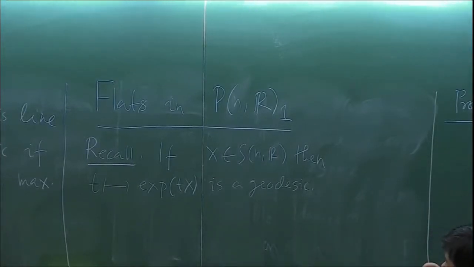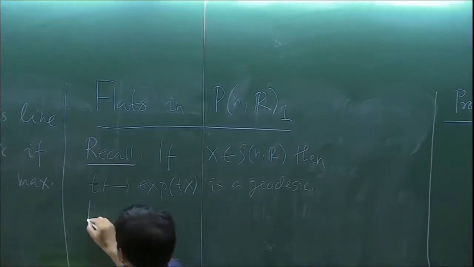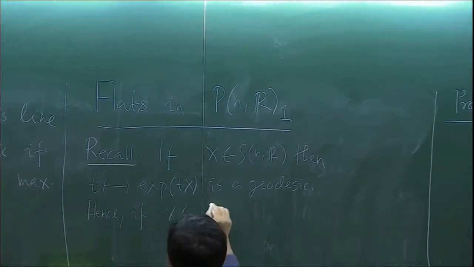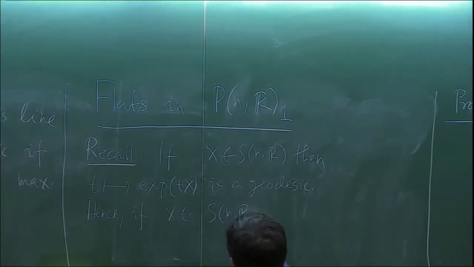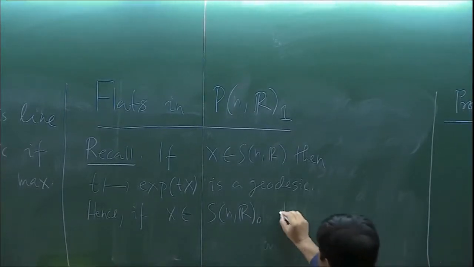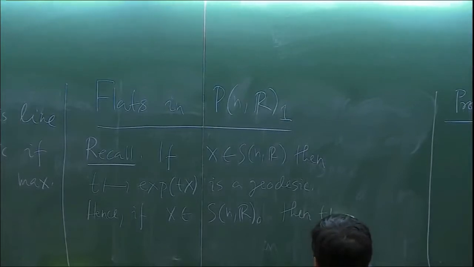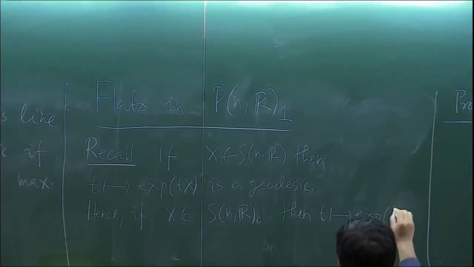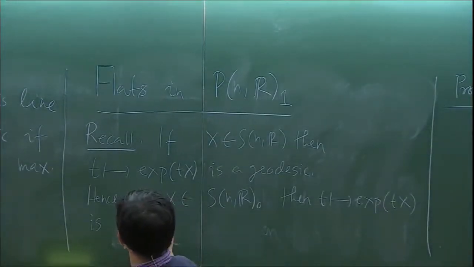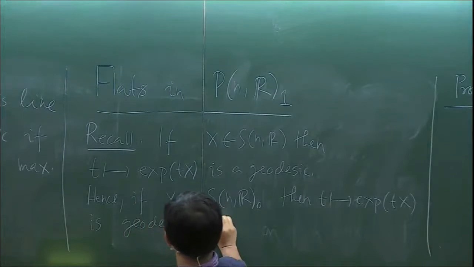Okay, so this implies that if X is in SnR0, that is the trace zero matrices inside SnR, then t going to exponential tX is a geodesic in PnR1 passing through identity.